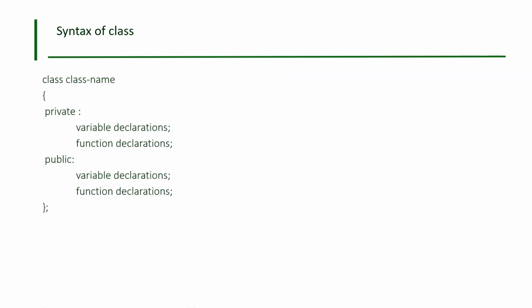Now we will see the syntax of class. The class syntax is: class name, then access specifiers private and public, then private variable declaration and function declaration. In public also we have variable declaration and function declaration.